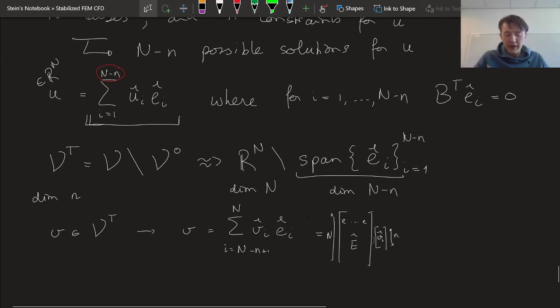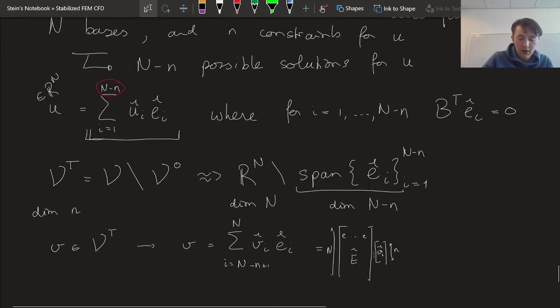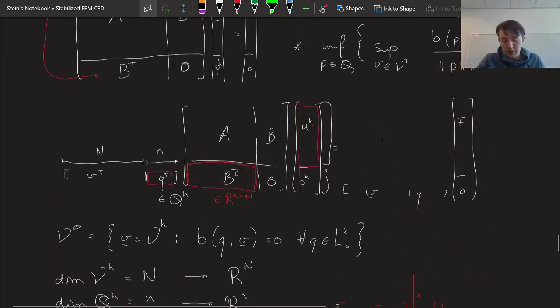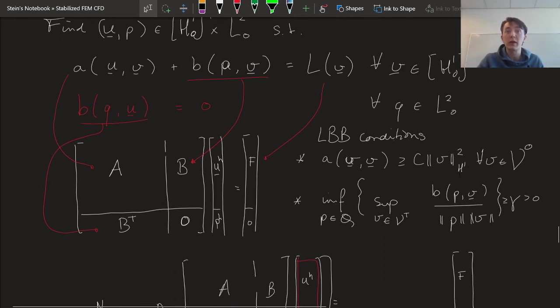So let me recap here. What was the question that I'm trying to answer? Well, the Inf-sup condition, if you remember the way that we talked about this in the previous video, became important for the existence of the pressure. First we solved for the velocity, and for that we needed the coercivity condition, the first one of the LBB conditions.